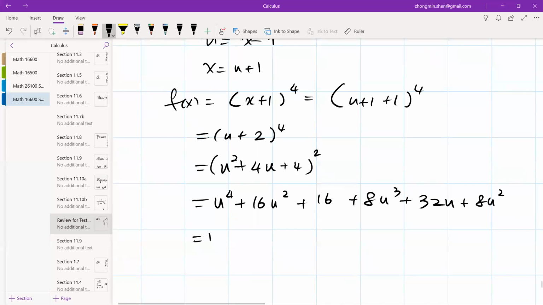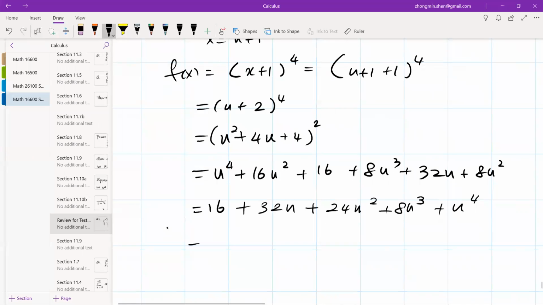So write down that it is 16 plus 32u plus 8u squared plus 16u squared, so it's 24u squared, and then 8u cubed plus u to the fourth power.